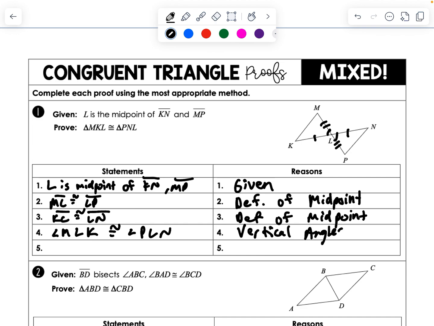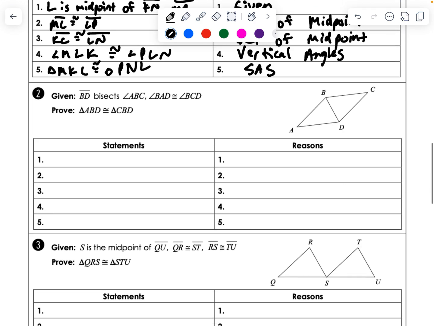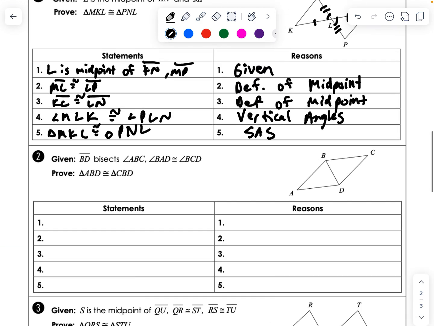And then I could go ahead and say triangle, send a proof. Wish we had that button here. And we've used side, angle, side. All right, one more here real quick. Actually, two more. Then we'll be done with this video.